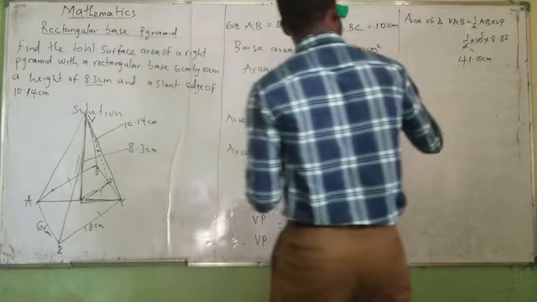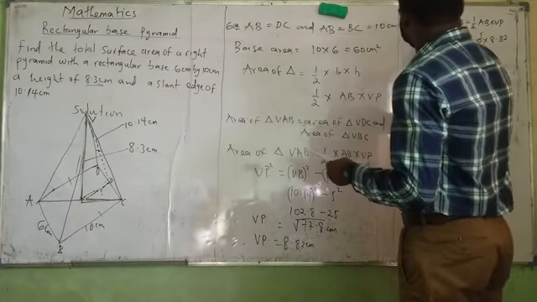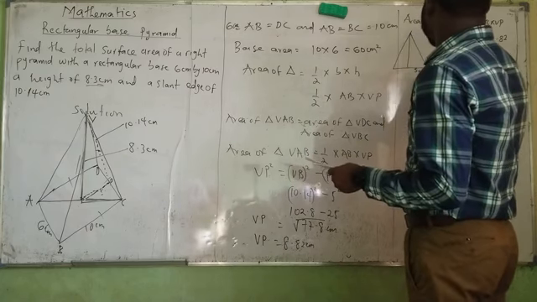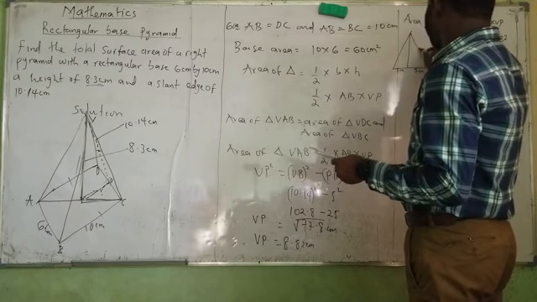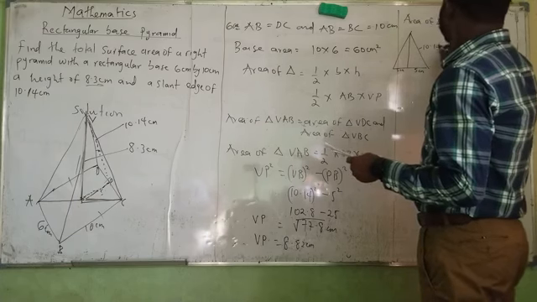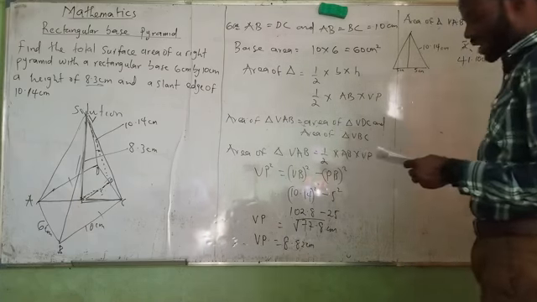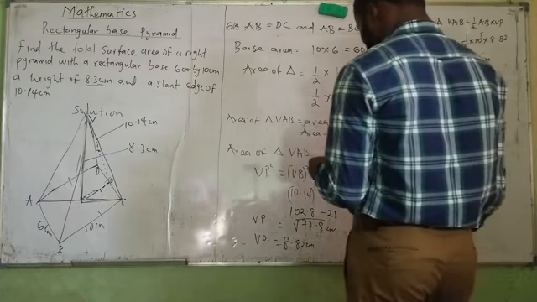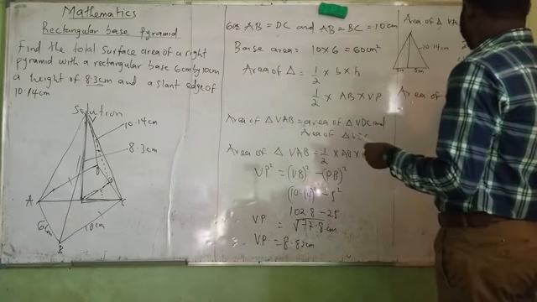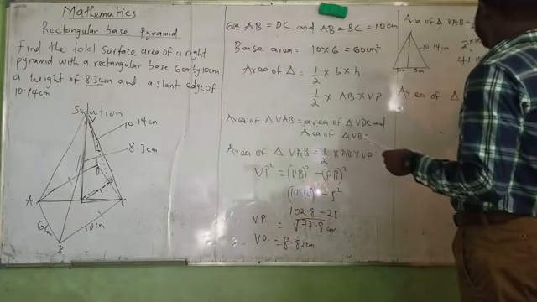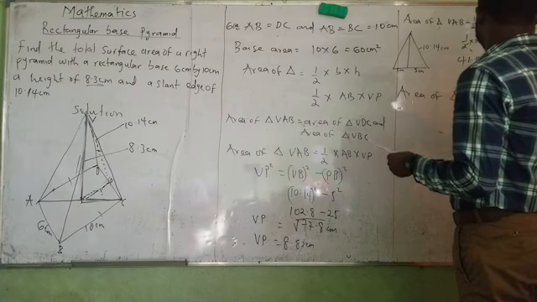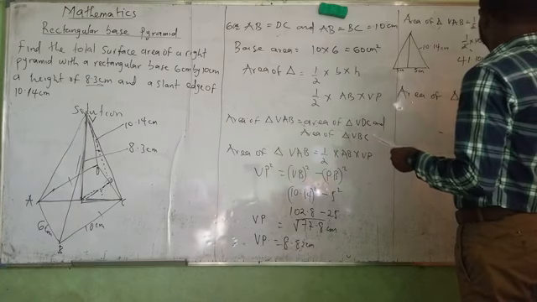This one, it means we are talking about something like this, and something like this. Here will be 5 centimeter, here will be 5 centimeter, and here will be 10.4 centimeter. That is what I'm getting. Now the next one will be on the area of triangle VBC, which is equals to 1 over 2 of AB multiplied by what? VF.